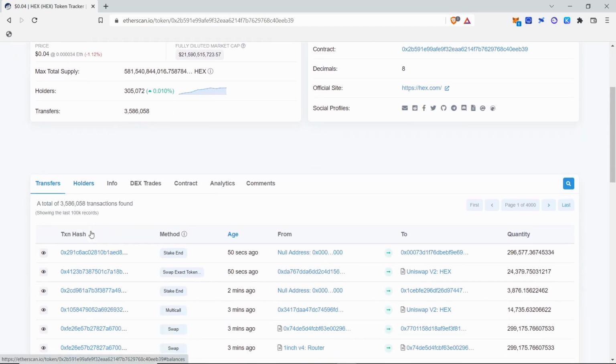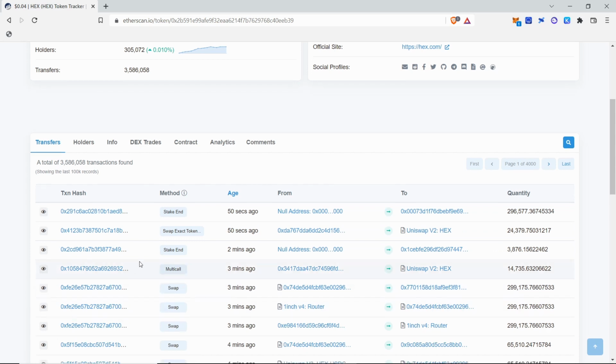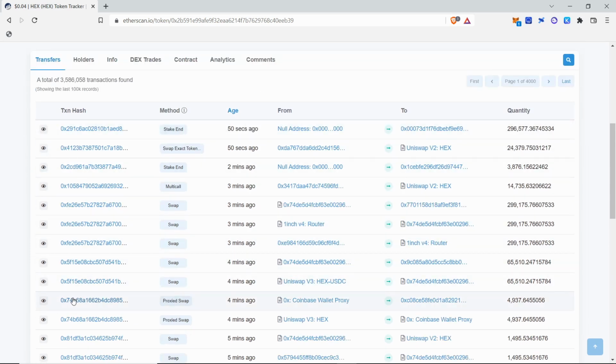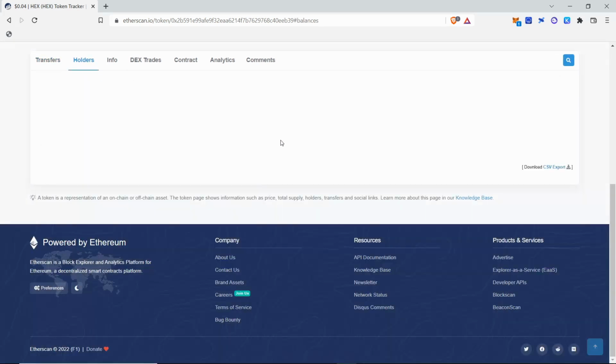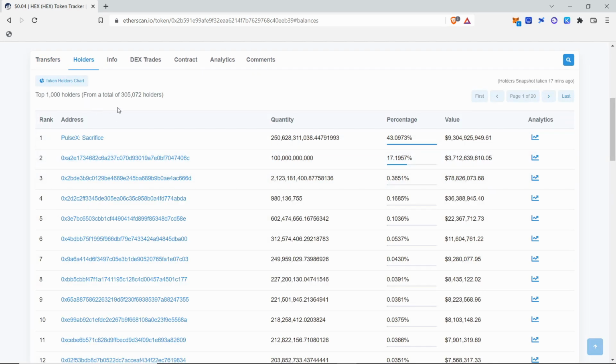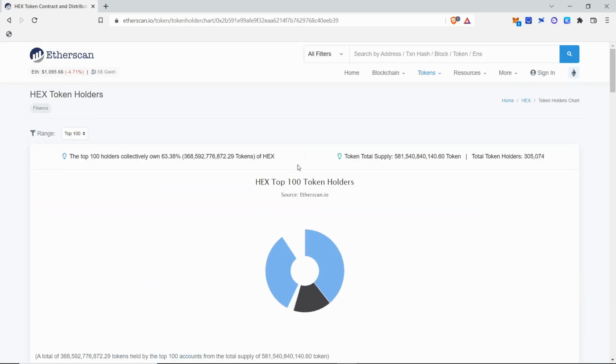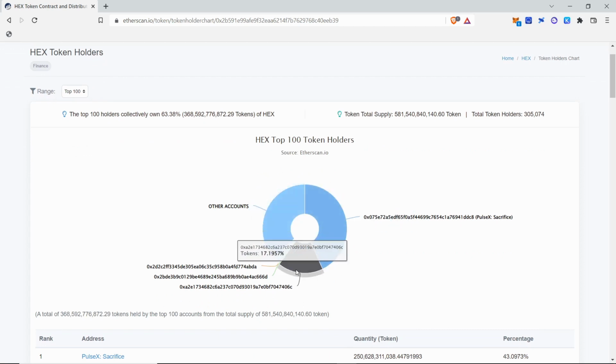Down here, you can view the transfers, so all the transfers that took place with this token. And you can also look up information on the holders, right? You can look at who's holding this token, how much of it, and you can even pull up this chart here to get a nice visual representation of the token holdings.